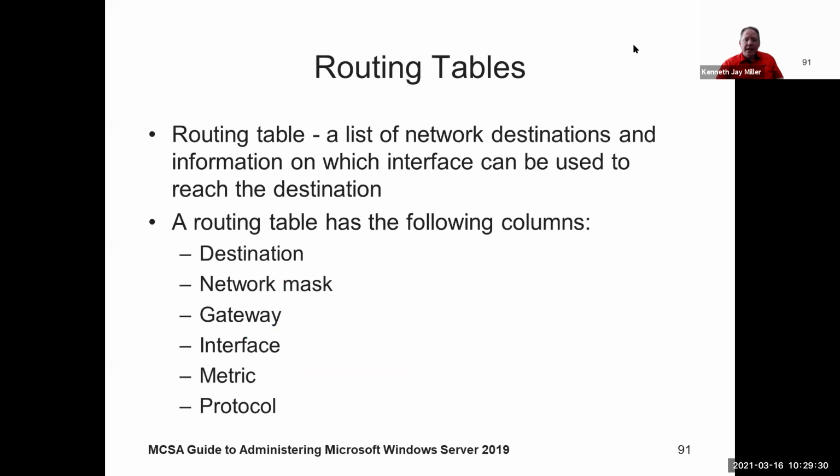Now, the table is going to have a bunch of information in it: the destination, the network mask, the gateway, the interface, the metric, and the protocol. These are terms that really define how the router works. RIP version 2 will have certain metrics that it'll look at, and the common metric used for RIP is the hop count, or the number of routers it has to jump through.